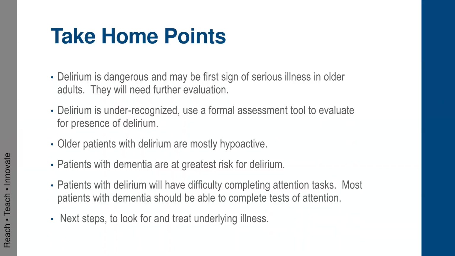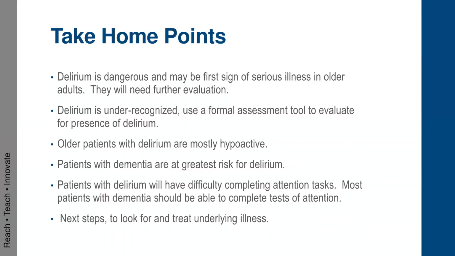So take-home points: delirium is dangerous and may be the first sign of serious illness in older adults. They will need further evaluation. Delirium is under-recognized, so you really should use a formal assessment tool to evaluate for presence of delirium, and we have links to those assessment tools in our delirium toolkit. Older patients with delirium most frequently present with a hypoactive or sleepy version of delirium.